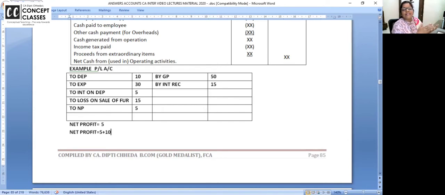No money is going out. Depreciation, amortization, these are the expenses. After putting in the GP 50, 10 rupees is debited, but no money is going out, no? So in the net profit, can I add back depreciation, saying this is a non-cash expense, right?